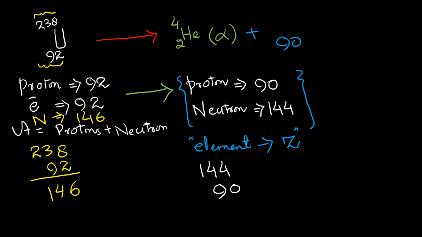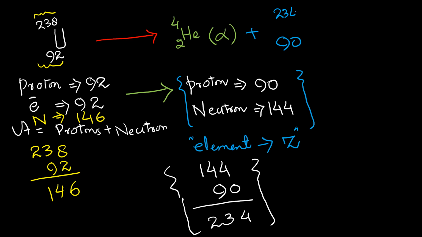With 144 neutrons and 90 protons, the atomic mass of the new element will be 234, whereas its atomic number is 90.